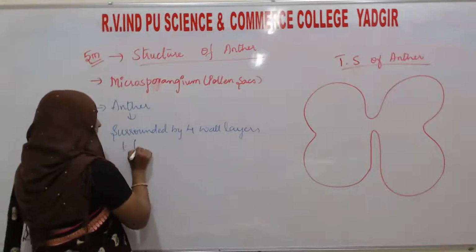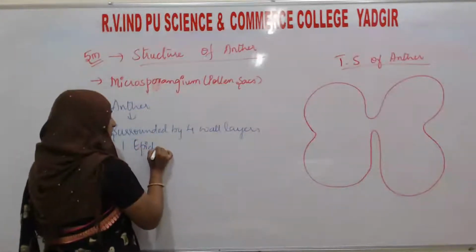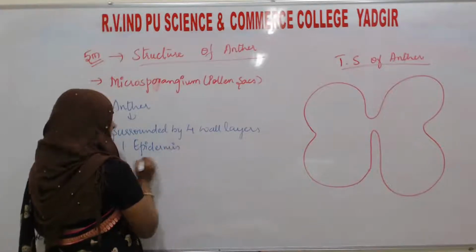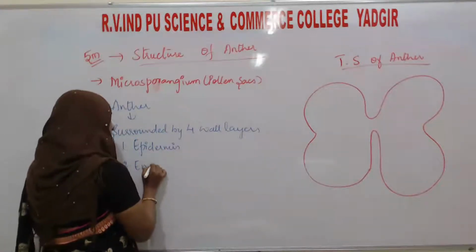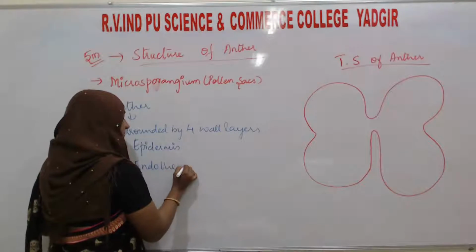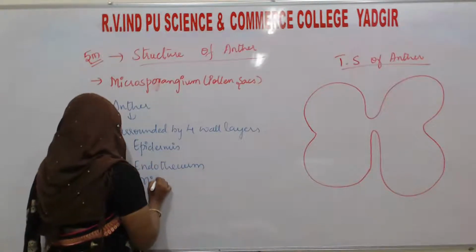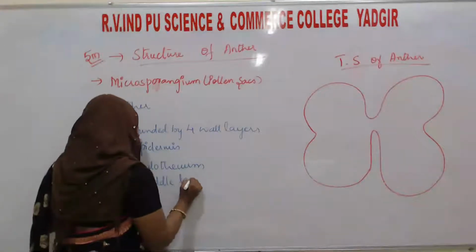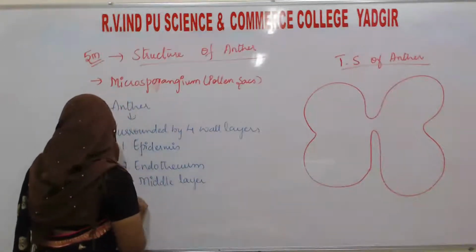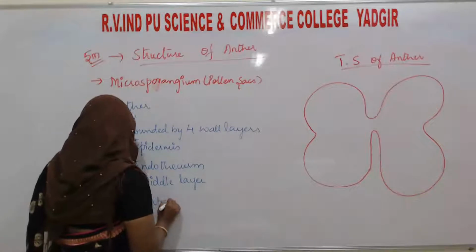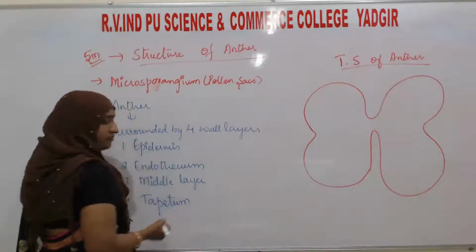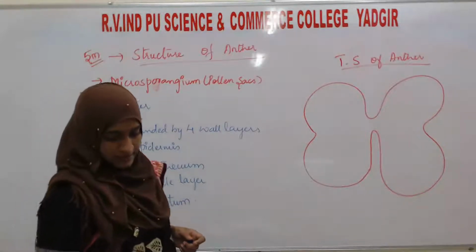The first is epidermis. Second is endothelium. Third is middle layer. And the fourth is tapetum. The fourth is the tapetum layer.